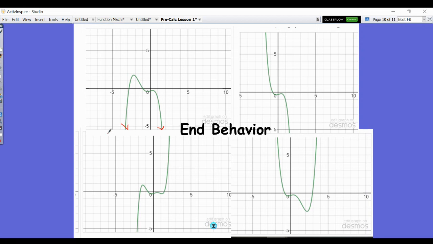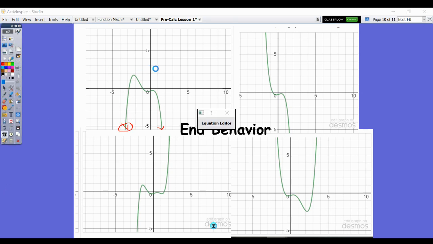So you would say, in fancy language, f of x approaches negative infinity. That just means on the left-hand side, what is my graph doing? On the left-hand side, I've got a down arrow, so I'm going to negative infinity.